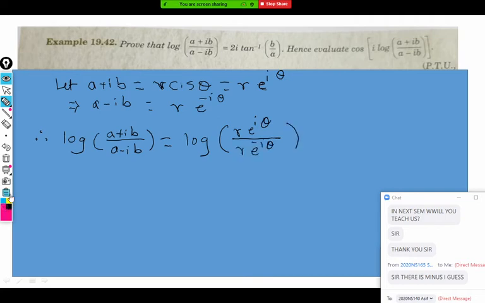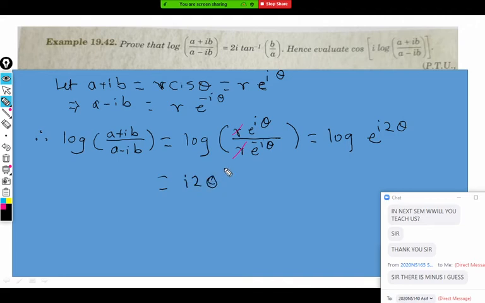That r gets cancelled, and this gives us log of e raised to i 2 theta. Since log and e are there, this gives us i 2 theta only.